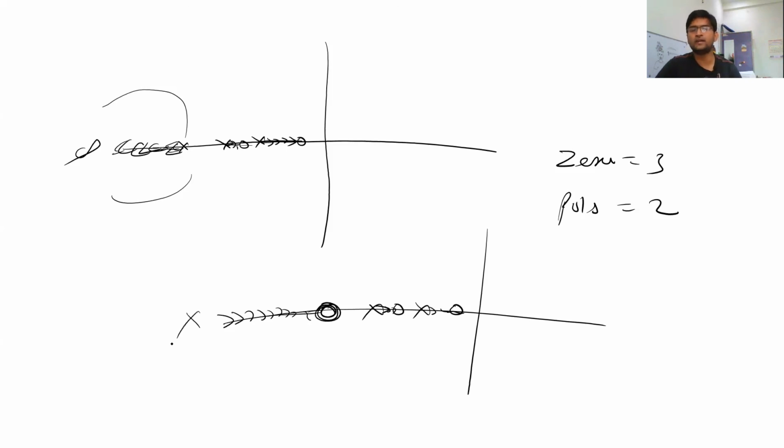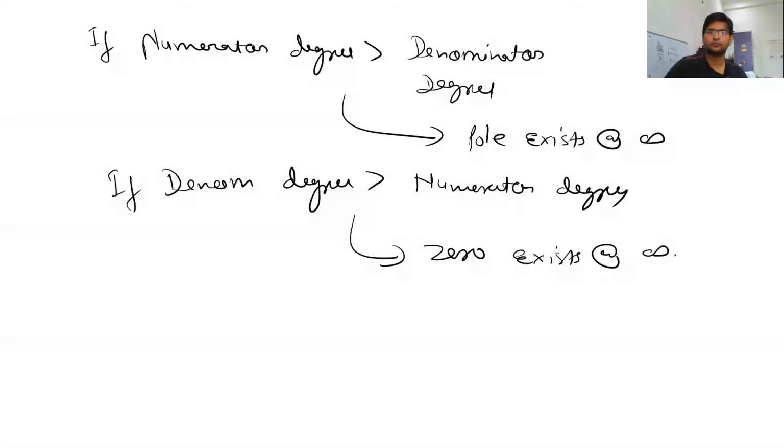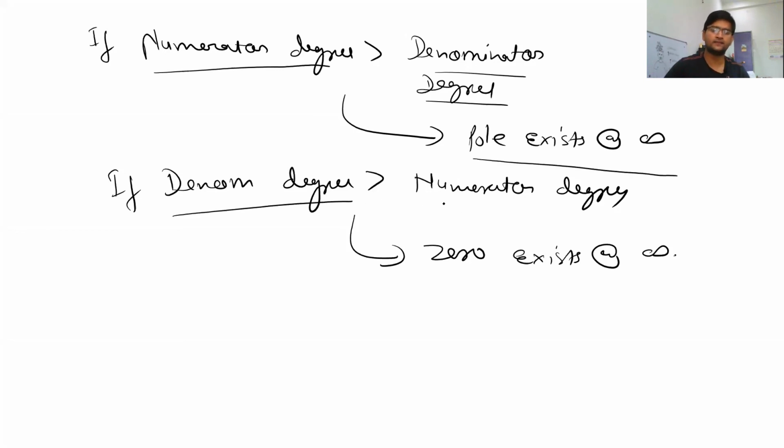So you will have to assume that there is a pole residing at infinity. So what I mean to say is, if numerator degree is greater than denominator degree, then a pole exists at infinity, and if the denominator degree is greater than numerator degree, then zeros exist at infinity.